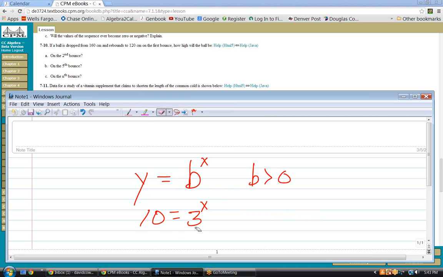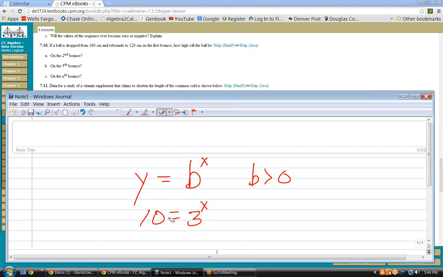In order to solve these, we have to actually introduce the concept of logs. Do you get logs in this chapter? No. Okay. Well, logs are kind of the way you solve these. But I would be surprised if you were getting logs in Algebra 1.